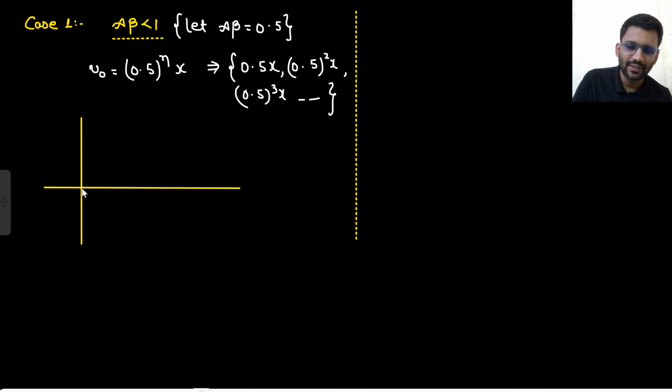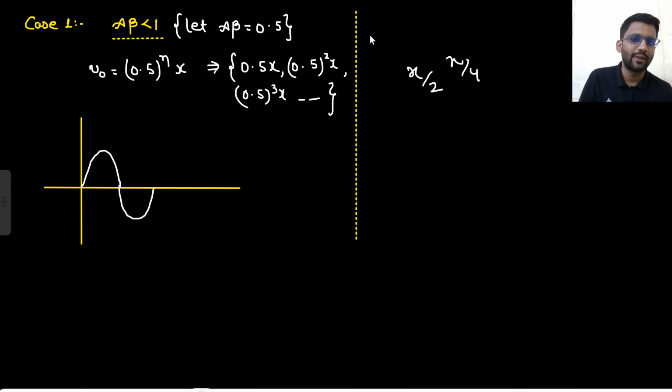In the next cycle, is the output decreasing or increasing? Initially it was X by 2. Now it is X by 4, 1 by 2 to the power square. Then 1 by 2 to the power cube, X by 8. So the output is continuously decreasing. So what will happen here?